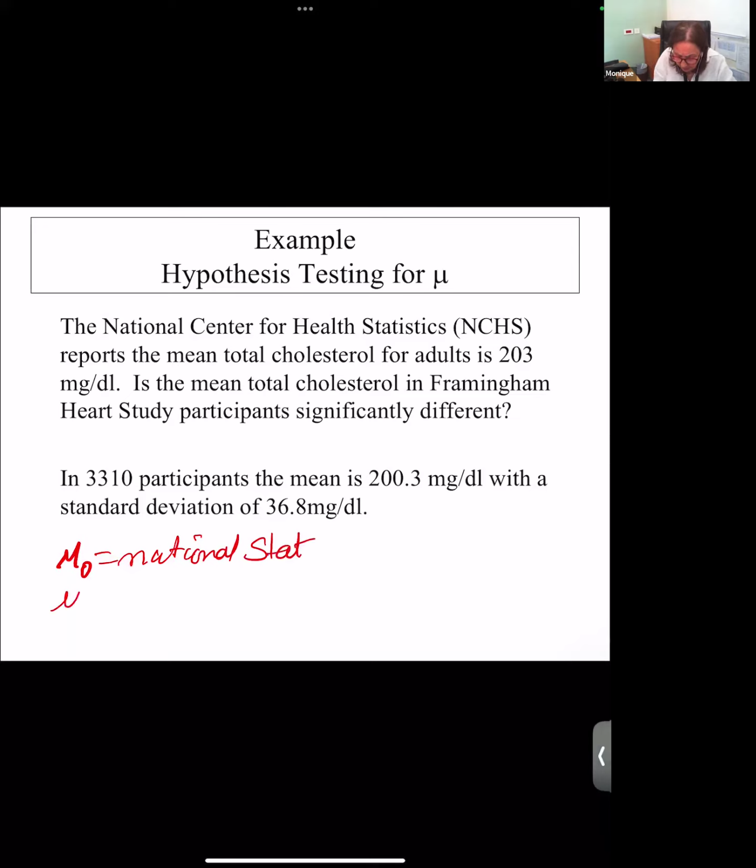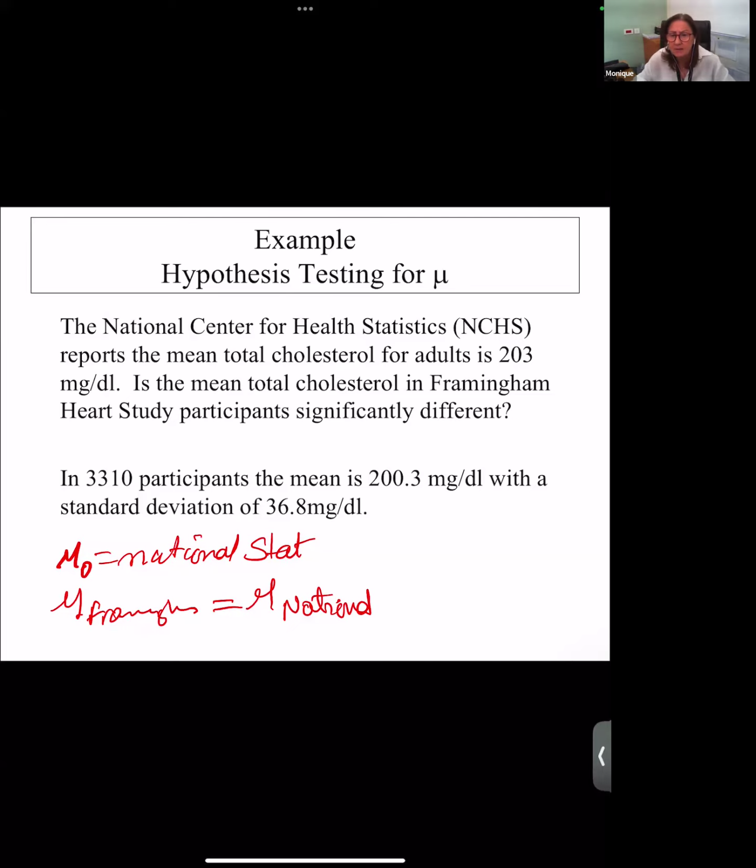So we're asking whether mu of Framingham is similar to the national. We're not comparing national to non-national. The national is like the norm. At a high level, this is what we expect the US to have as a mean total cholesterol. So does the Framingham population have the same level as the population of the US?